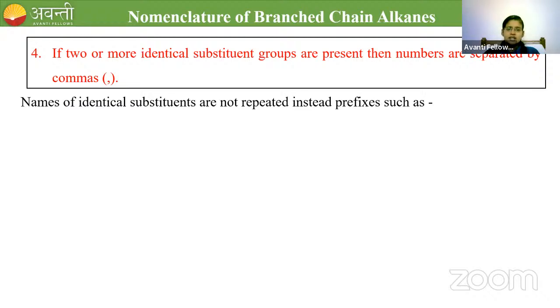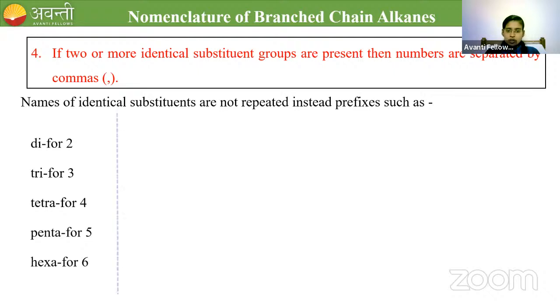They are not repeated as 2-methyl, 3-methyl, 4-methyl. Instead of repeating the name again and again, you have to follow this. If you are having 2-methyl, use di. If 3-methyl, use tri. If 4-methyl, use tetra. For 5, penta. For 6, hexa. So like this, it goes on.